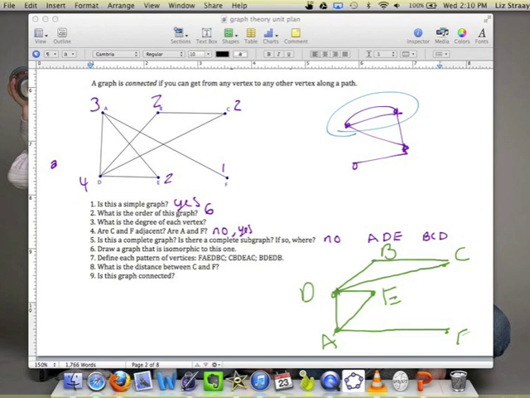That's the most specific. So if I start at F and go to A, and then to E, and then to D, and then to B, and then to C, what would we call that? The trail.